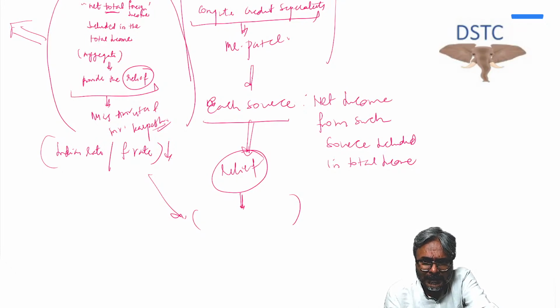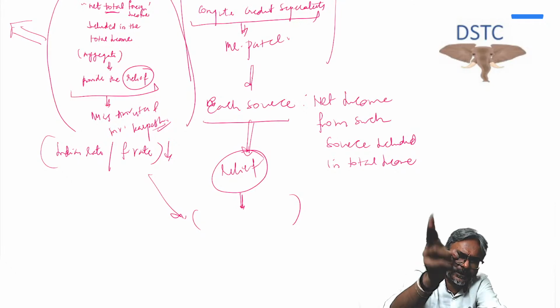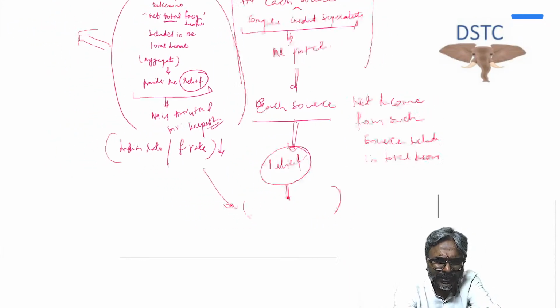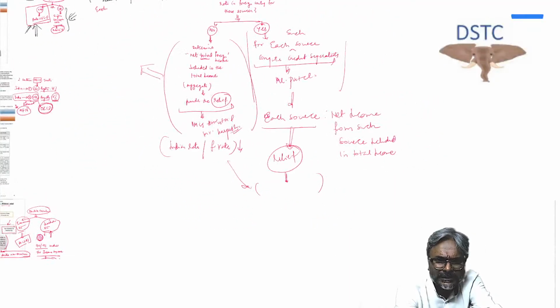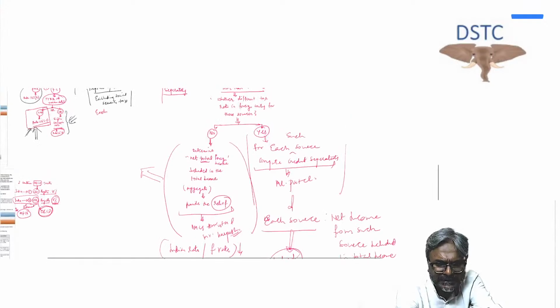So just keep in mind, first in the double taxation relief question, check this particular factor. If there are two countries, for each country you will do this exercise. Which exercise?